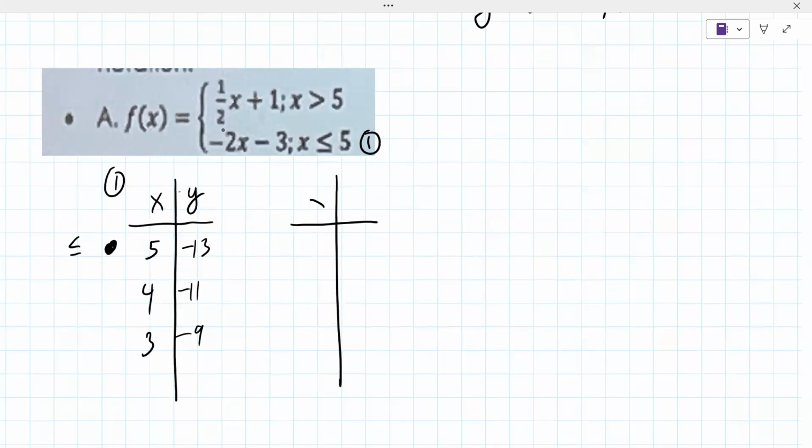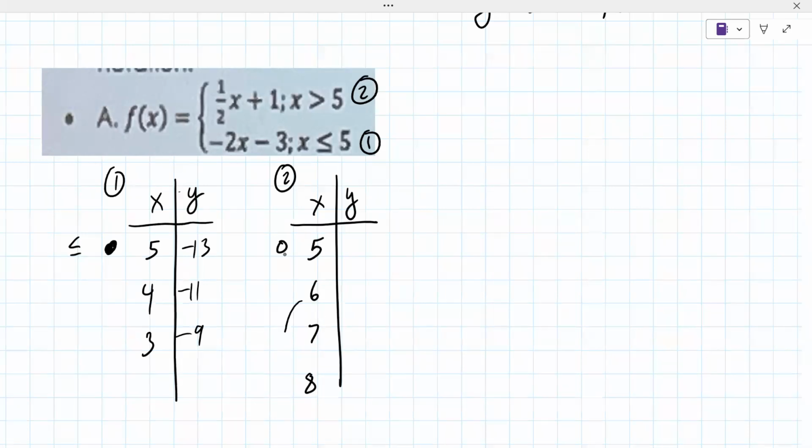For the next one, number 2, greater than, you share the endpoint, but this time you note that it's not filled in. So maybe you go 6, 7, 8. Because of the 5, you get a fraction here. 6 is a lot easier, 8 is a lot easier.